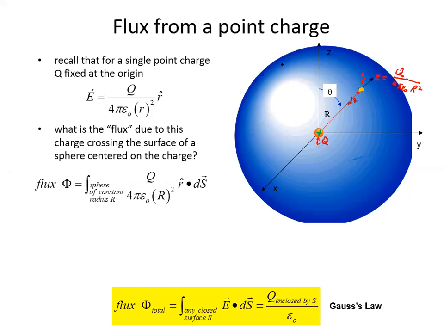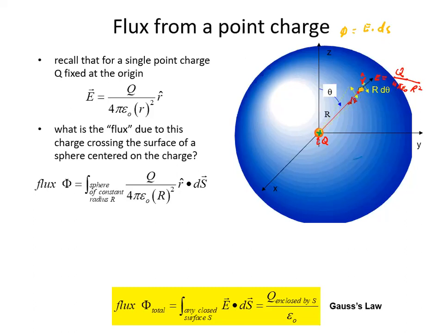So how much flux is there? Flux equals the electric field intensity dot ds. ds is this differential area on the surface. Shortly I'll show you how this is going to work.